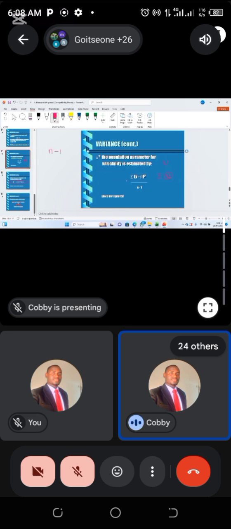It has just been square rooted. So you just have to square root this formula for the standard deviation.